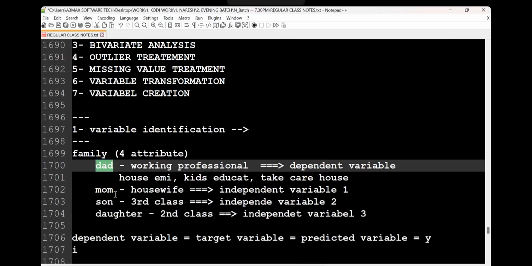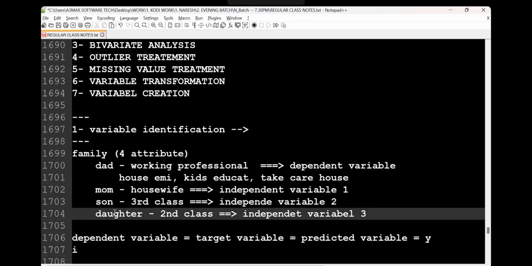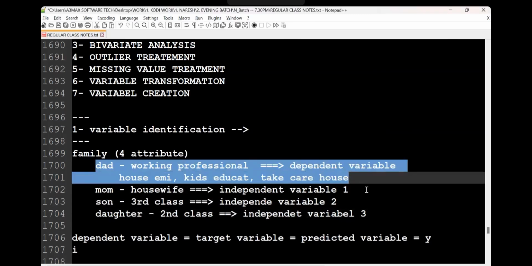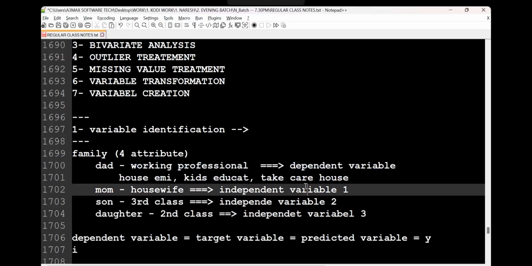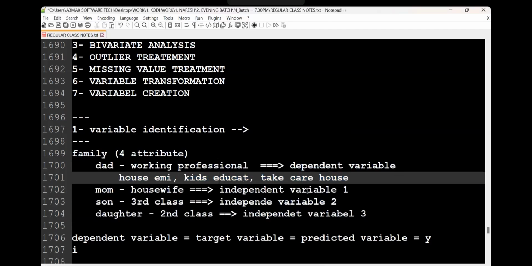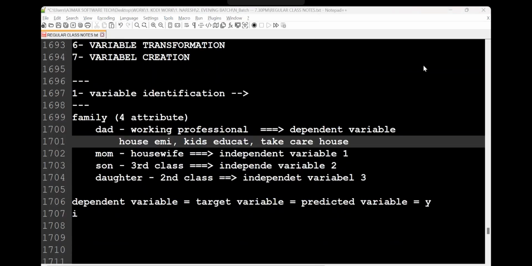So mom, son and daughter, the three depend on dad. That's why these three are dependent. You think in the wrong way, that's the problem, even though I explain in such a nice way. Many people don't explain these things. Lohit, are you clear now? If not, I'll explain again while we talk. Got it clear, sir.